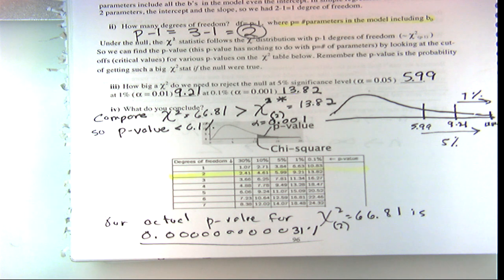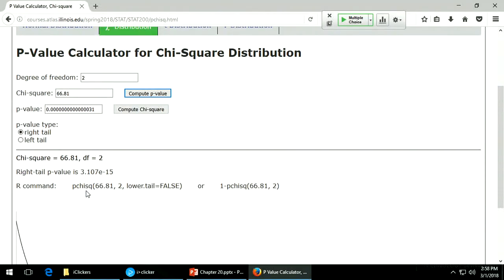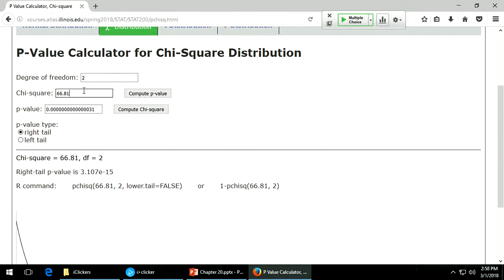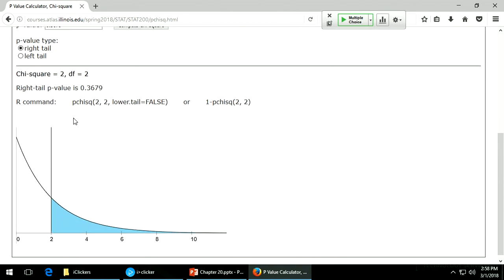And I want you to get a feel for that. The mean, the average, as I can show you, is 2 because they have 2 degrees of freedom. So the average chi-square statistic would be 2. Now that's not going to get us 50%. It's only going to give us 36.79%.